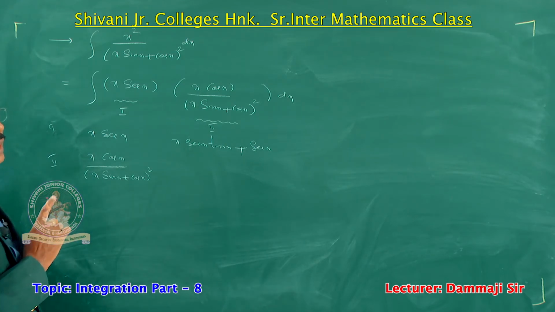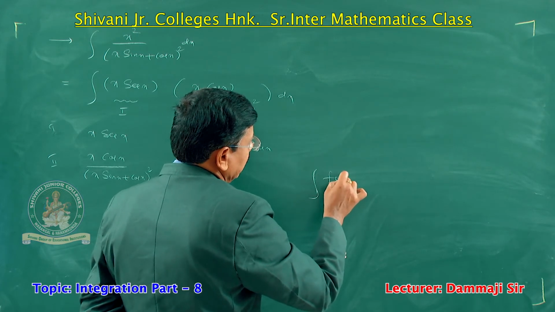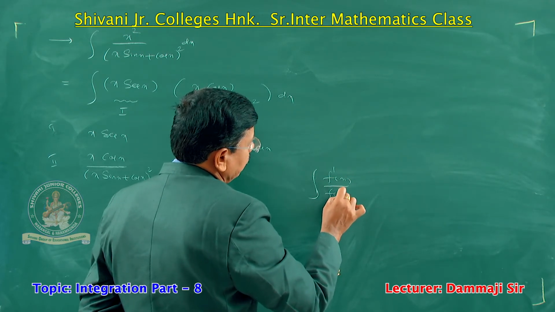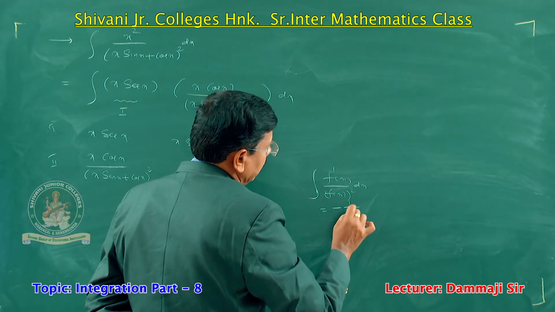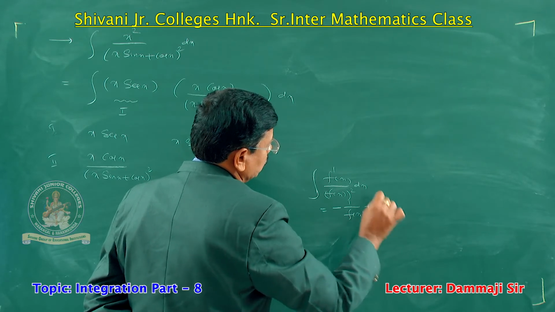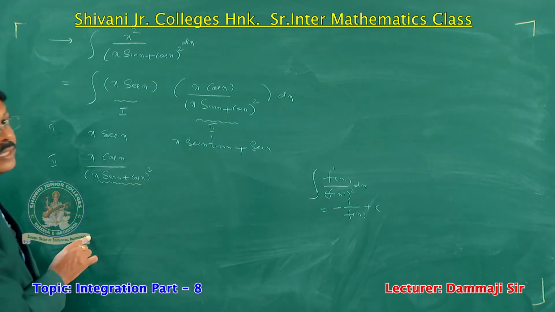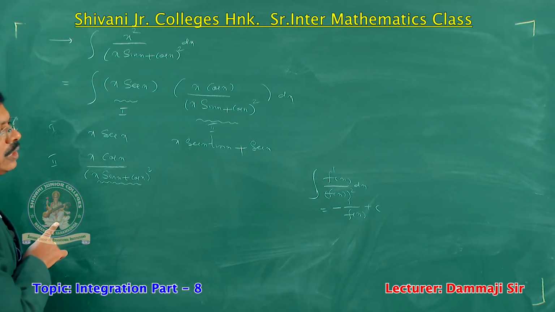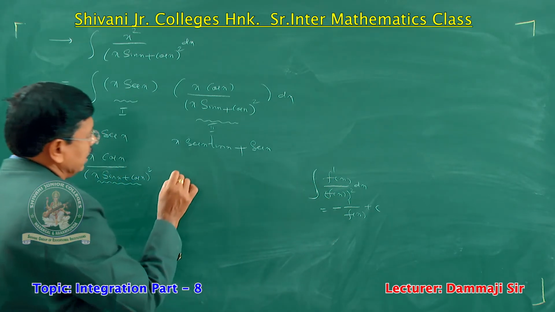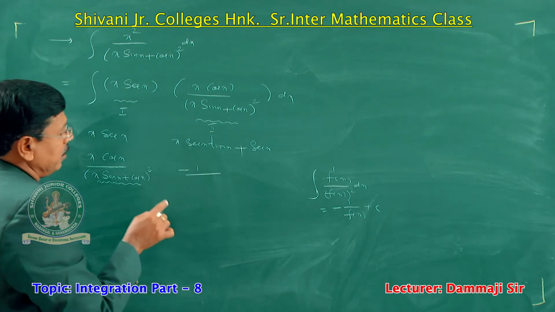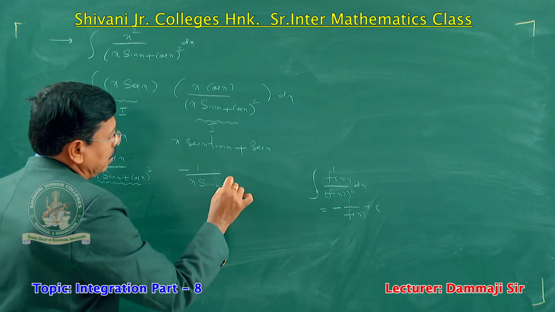But the second one is nothing but a formation: integral of f dash of x by f of x whole square. Its result you can just remember, minus 1 by f of x. See, the derivative of x sin x plus cos x is x cos x only. So the formation f dash x by f of x whole square is minus 1 by f of x, that is x sin x plus cos x.